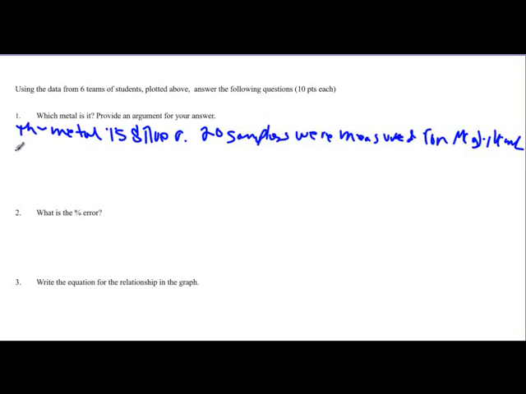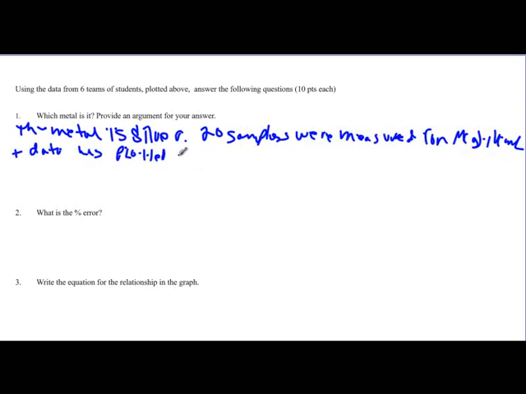Now if you look at that data, it looks like about 20 samples were measured for mass in grams and volume in milliliters, and data was plotted, and I know my writing is hard to read.